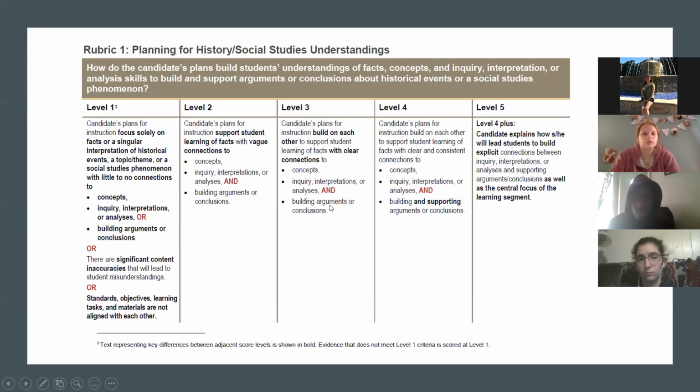Now, what's important to understand about the rubrics, you don't just want to read level 5. You have to read level 5, but you need to start out actually reading level 1. And the reason that you read level 1 is because level 1 is actually more explicit about how to do it wrong, right?